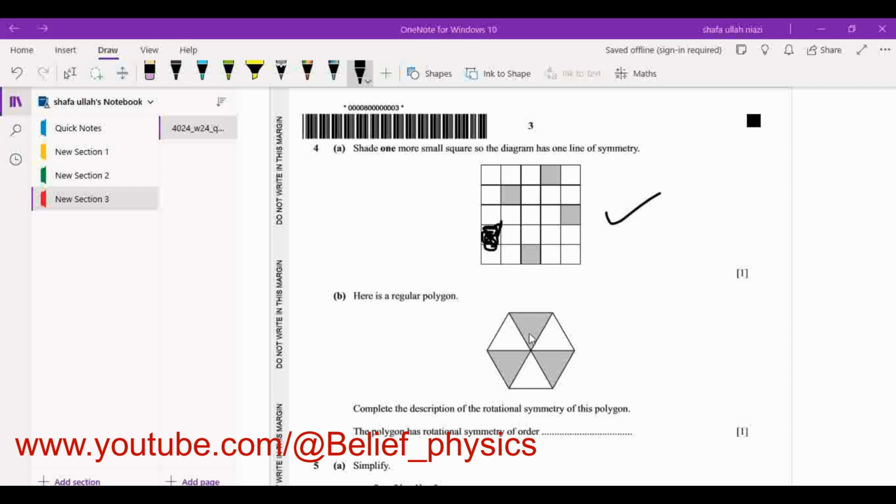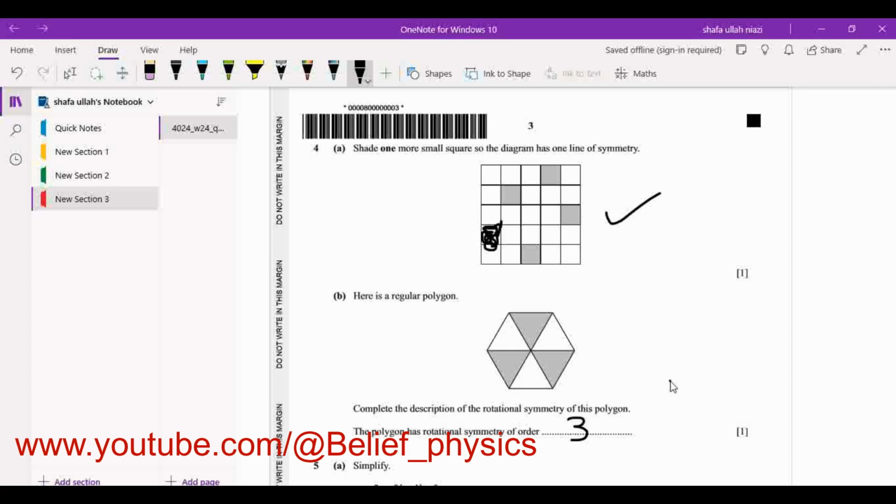When it is rotated through 120 degrees, it will repeat. This will be here, this will be here, and this will be here. So when it is rotated through 360 degrees, it regains its shape 3 times. So the order of symmetry here is 3.